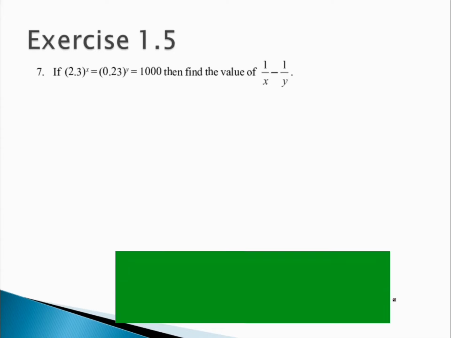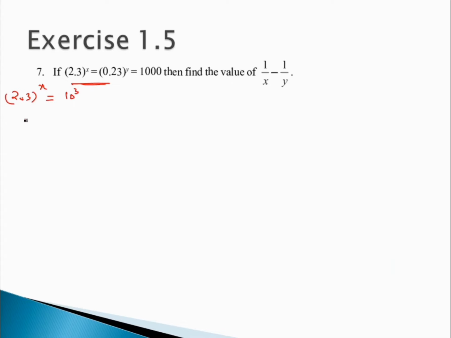So let's look at the next sum. Given 0.3x equal to 1000, that is your 10 cube, isn't it? Now 0.3x can also be written as, I'm shifting to the numerator, so this is 3 by x.